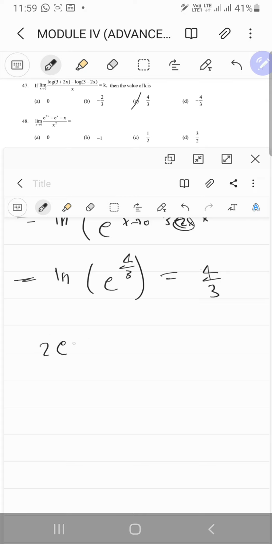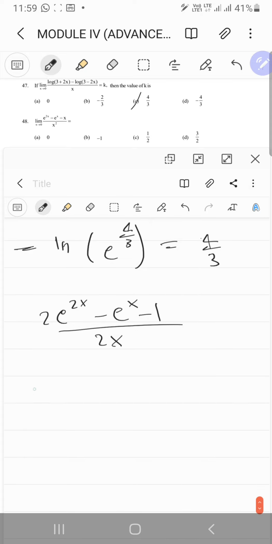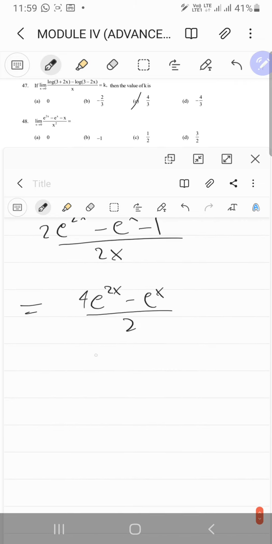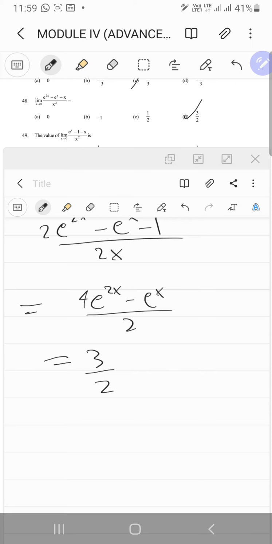So it's going to be 2 e to the 2x plus e to the x minus 1 upon 2x. Still nothing, right? It's still 0 by 0. So take another derivative. So it should be 4 e to the 2x minus e to the x upon 2. Now it's something finite. So put x equal to 0 into this thing. So you just get 4 minus 1, which is 3. So this is 3 by 2. Easy. This can also be done using Taylor series.